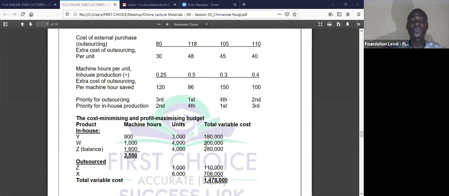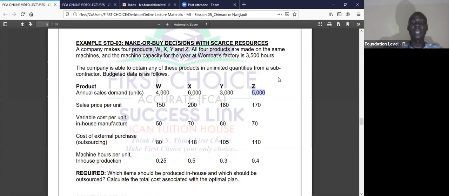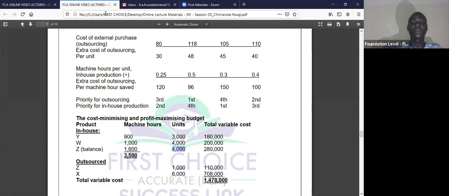That gives you 4,000 units. That is what you are going to use, 4,000 units as against 5,000 units. So you now use 4,000 units multiplied by 0.4 gives you 1,600.